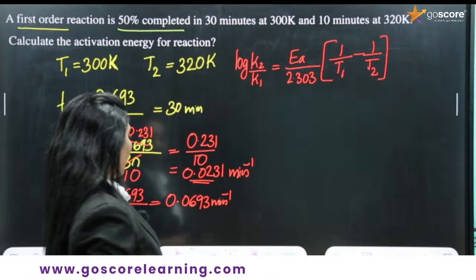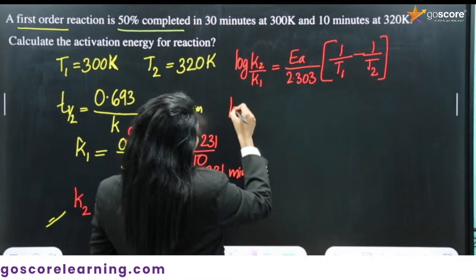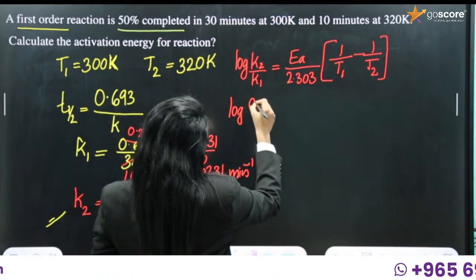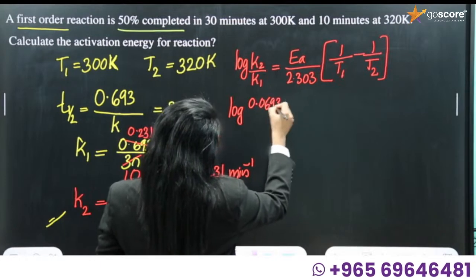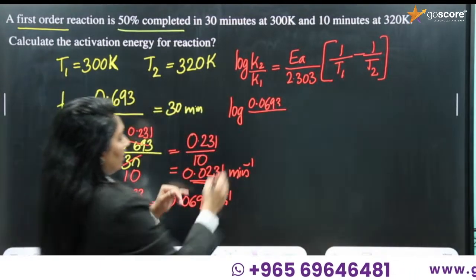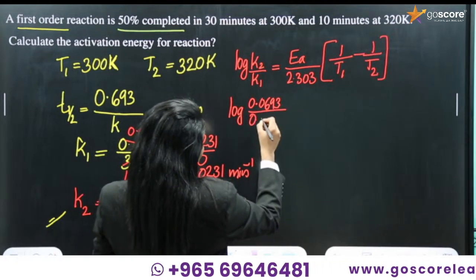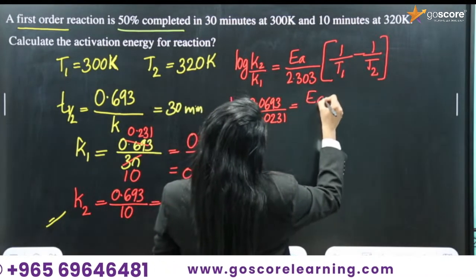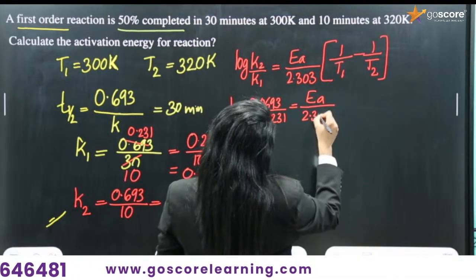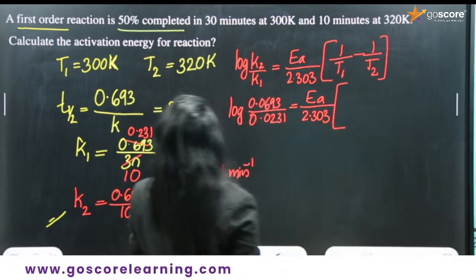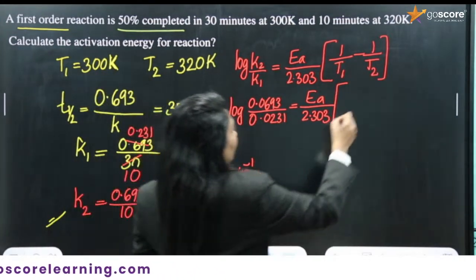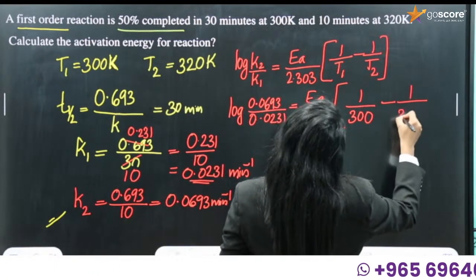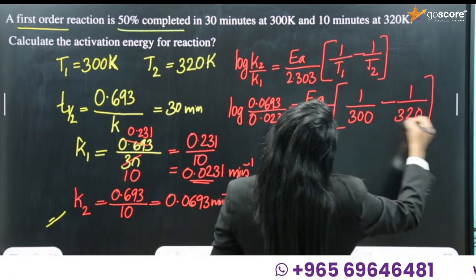So when substituting the values, we get log of 0.0693 divided by the value of K1, 0.0231, is equal to EA by 2.303 into (1 by 300 minus 1 by 320), isn't it?